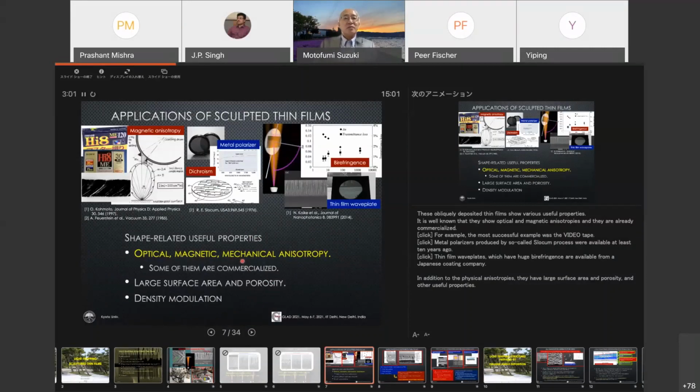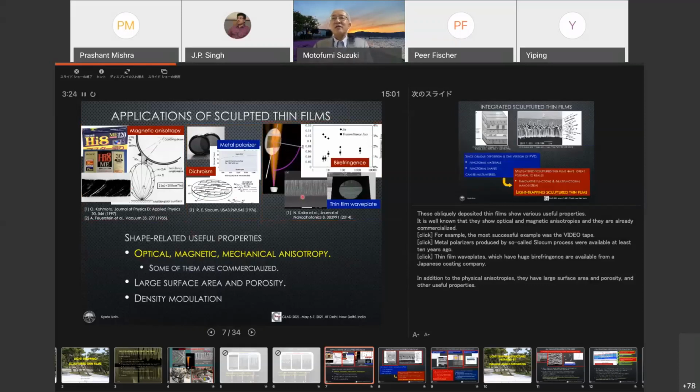For example, the most successful example was videotape. And metal polarizers, which are produced by the so-called Fulcan process, were available at least 10 years ago. And thin film wave plates, which have huge birefringence, are available from a Japanese coating company.